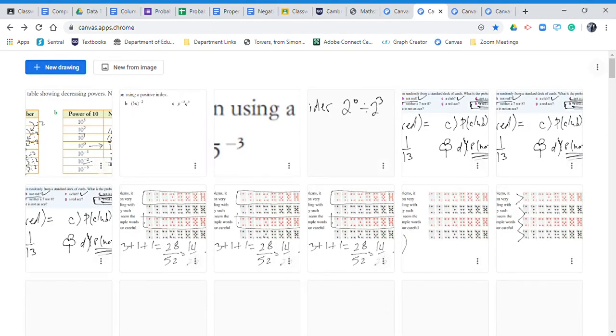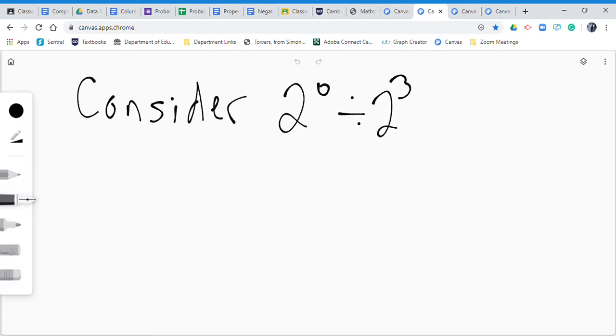Consider this. If I gave you 2 to the power of 0 divided by 2 to the power of 3, another way to think about this is as a fraction: the first part of the problem on the top, and the second number on the bottom.